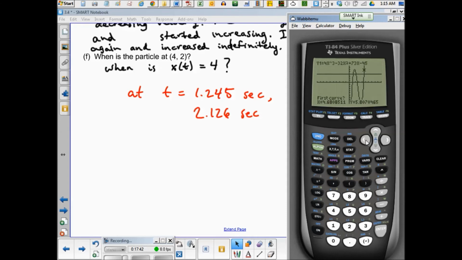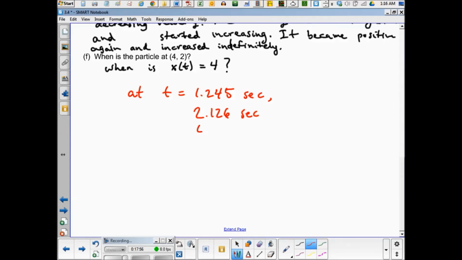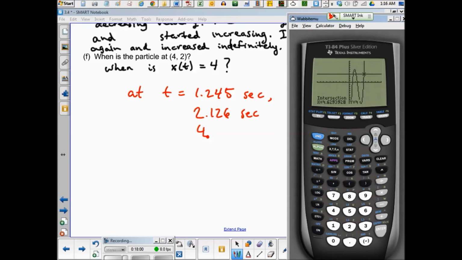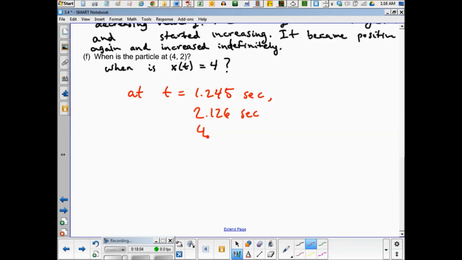My first curve is y1, enter. Second curve, it knows I'm looking at y3, enter, guess, 4.63. 4.629 seconds. So there are 3 times at which this occurred.